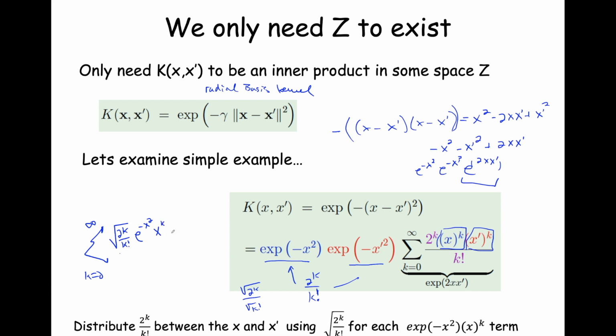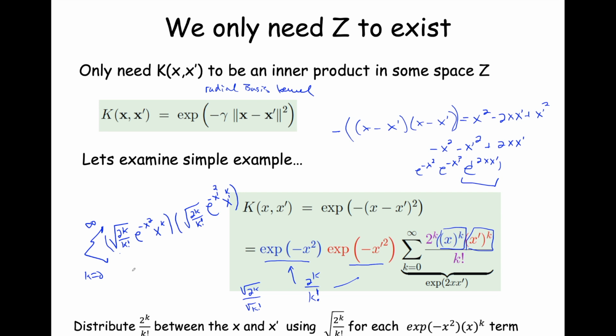We multiply this term, let me parenthesize that, by radical 2 to the k over k factorial, e to the minus x prime squared, x prime to the k power. And we group those together.